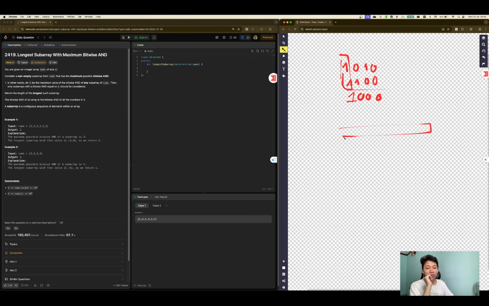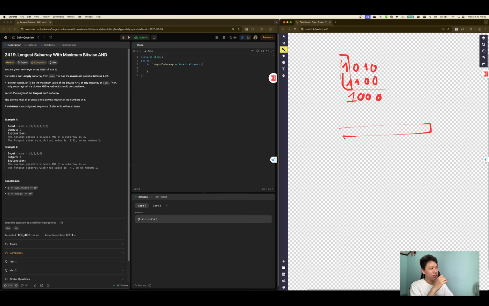So to maximize, from position i we need to find j such that the subarray from i to j has the maximum value. We need to identify the next position that's a 0. Why?